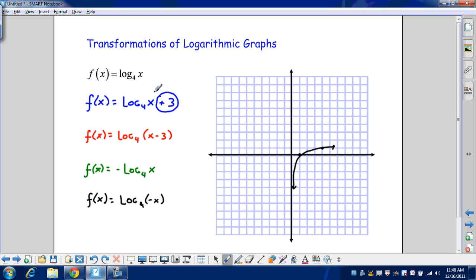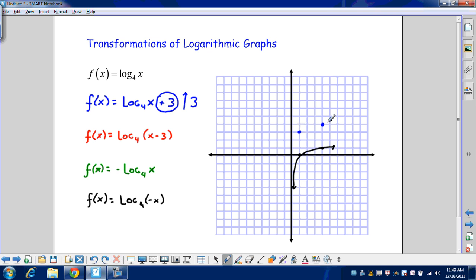I have log base 4 of x plus 3. What I want to focus on is this plus 3. When we are adding or subtracting a number not in parentheses, notice the difference between the red and the blue. In the blue one, the plus 3 is not in parentheses. That's going to move me either up or down. In this case, since it's plus 3, that's going to move me up 3.